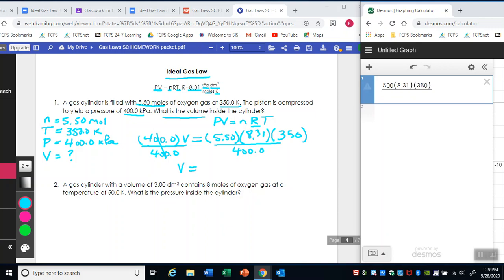And then all that divided by 400. Okay, so I'm looking for my new volume.